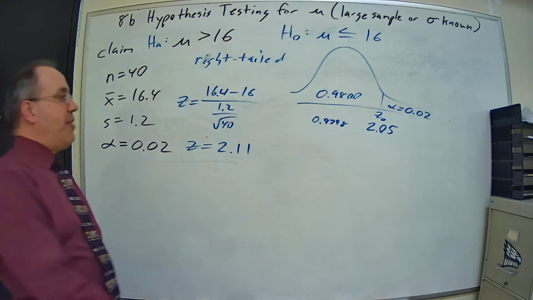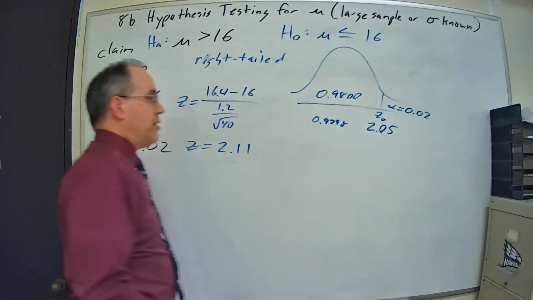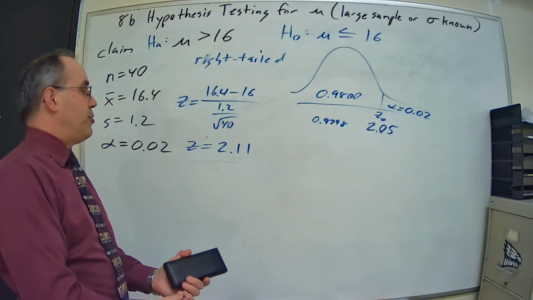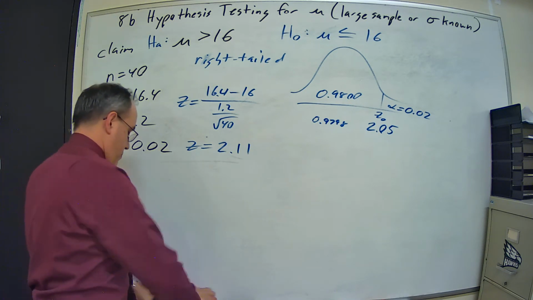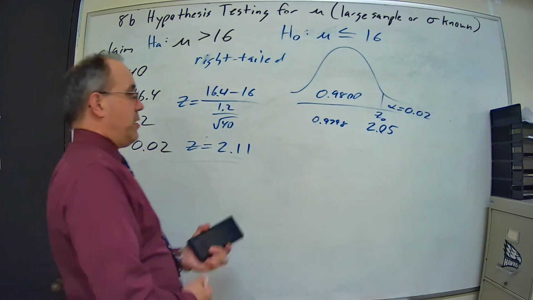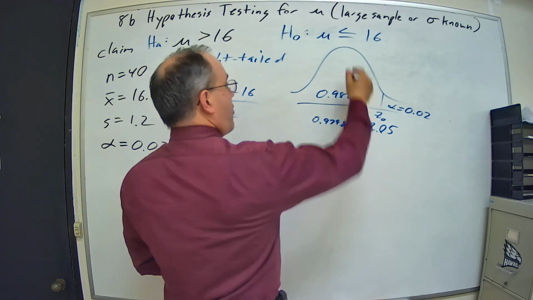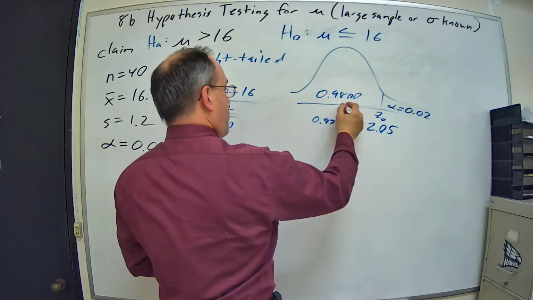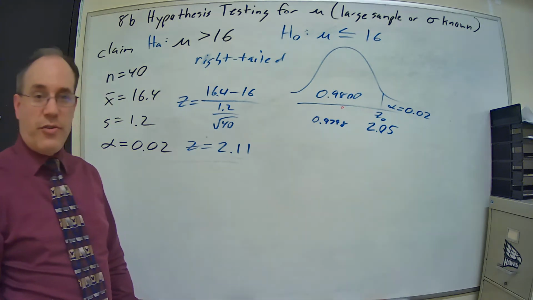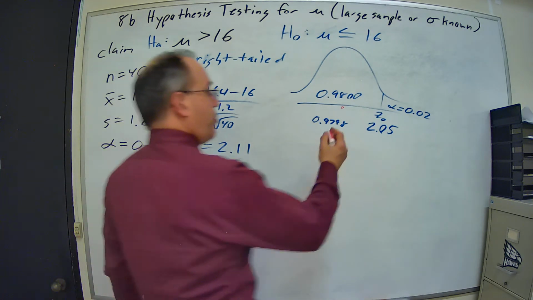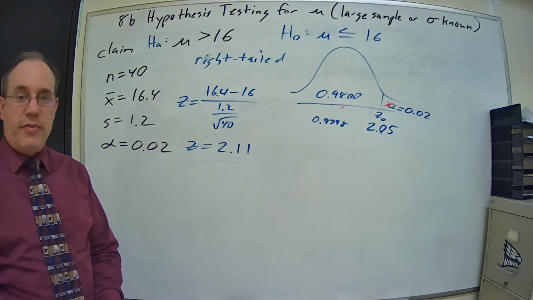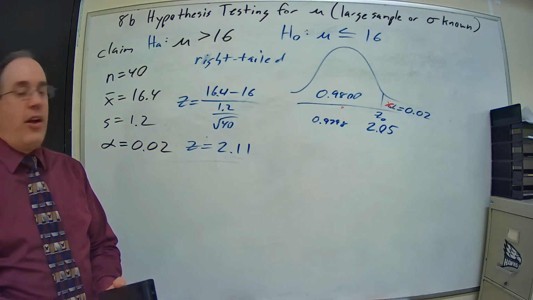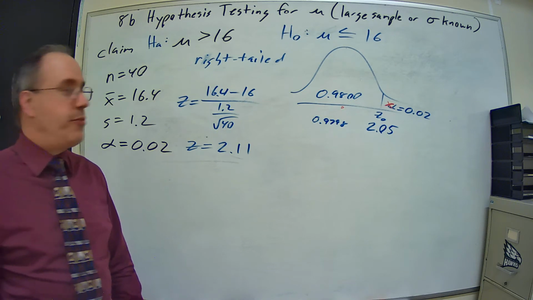Now we look at this distribution and say, in this distribution, where is a z-score of 2.11? Well, if that's 2.05, remember the 0 is in the center. So 2.11 is going to be in that tail, and if it's in that tail, that is known as the rejection region.